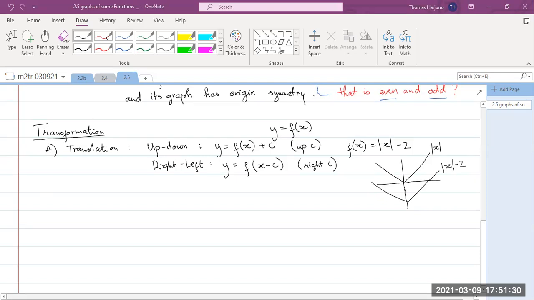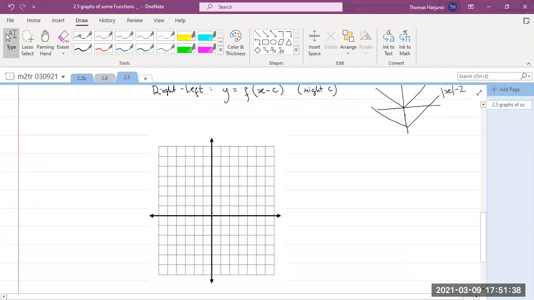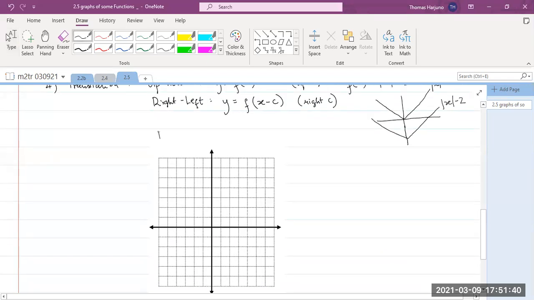Easy one. Can you graph, for example, f(x) equals absolute value of x plus 2, minus 3.